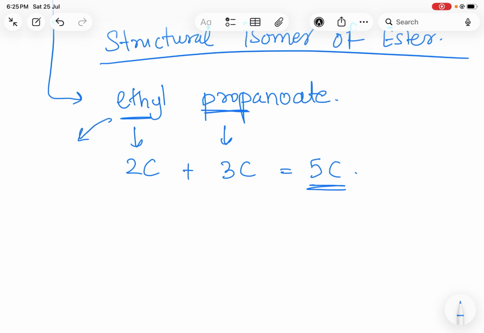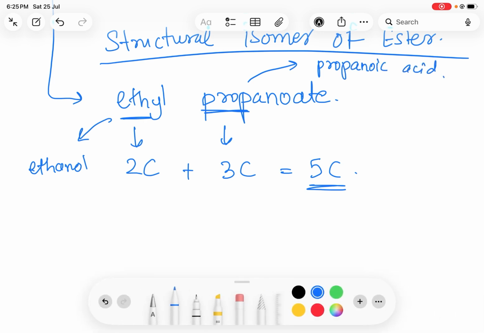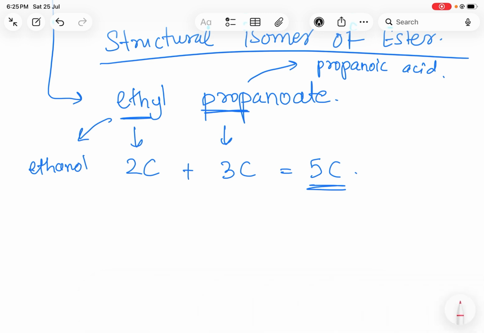What I can do is flip both of them, I can just swap both of them. So instead of ethanol I would take propanol, and instead of propanoic acid I can take ethanoic acid.